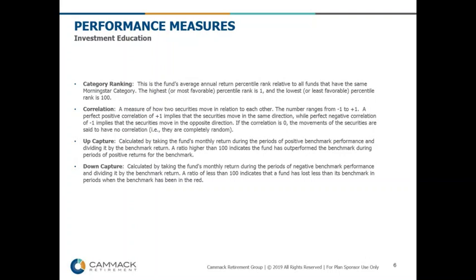And then another measure of risk that we look at, and we show it on our due diligence reports for a 3-year number, but our analysts look at the 3, the 5, and the 10-year number, is up capture and down capture.